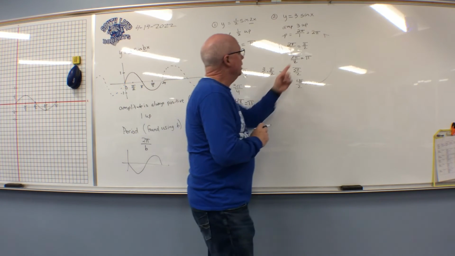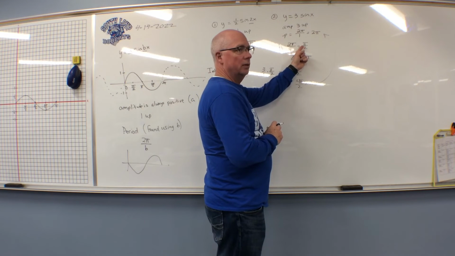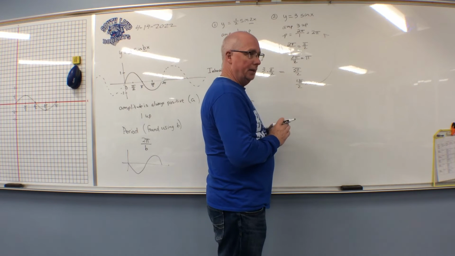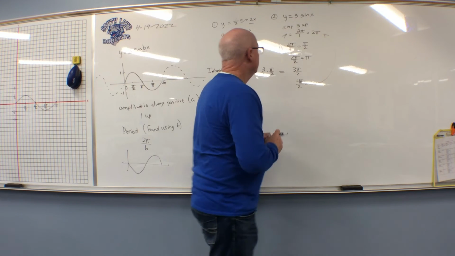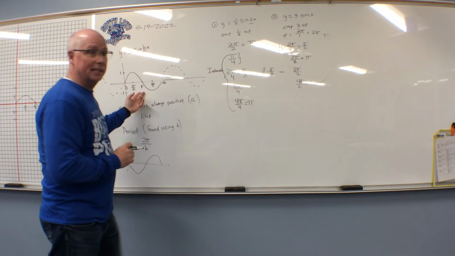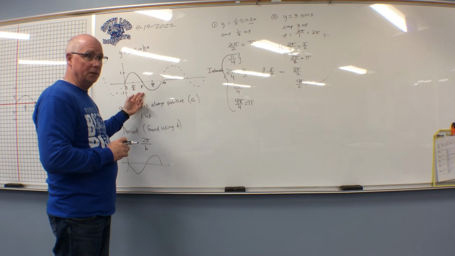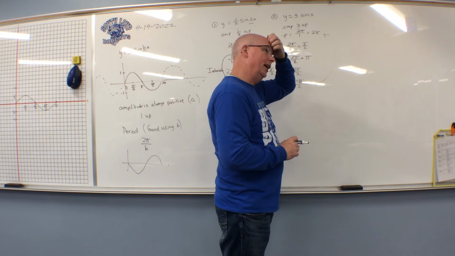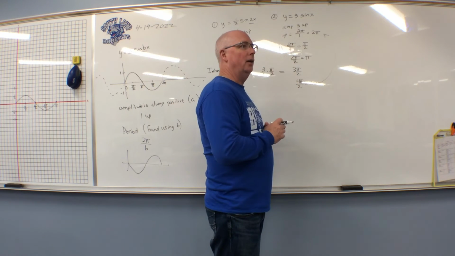And then the last one, I take 4 times pi over 2, which is 4 pi over 2, which is 2 pi. Does that make sense? Okay. Now, this is this one, only with a huge amplitude, right? Take a look at your first interval, 3 pi over 2, guys. 3 pi over 2 is 1.5.